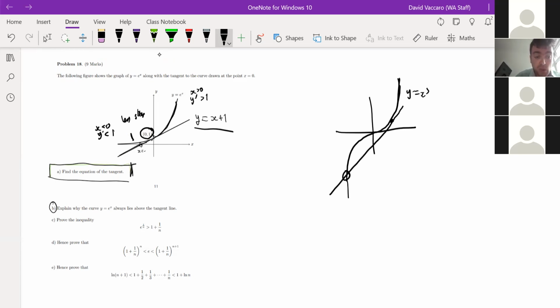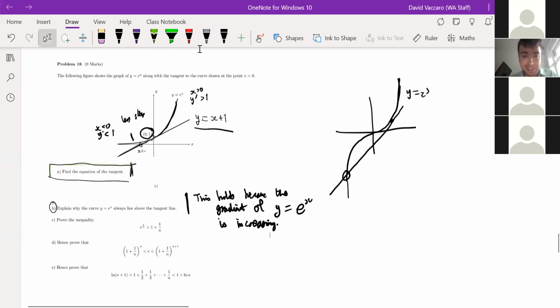Okay, so the curve, what property was it that guaranteed that the curve lay above its tangent? Well, y equals e to the x lies above its tangent line. Okay, this holds because the gradient of y equals e to the x is increasing.